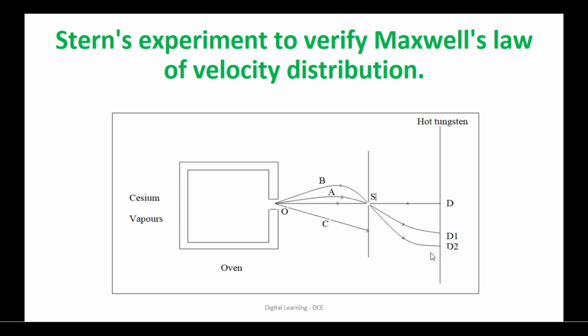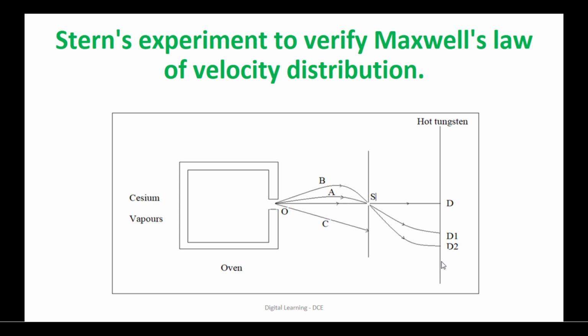Here, the magnitude of the current in the detecting cylinder represents the intensity of cesium atoms at various positions, which means the magnitude of the ionization current represents the number of cesium atoms which are incident at a particular position on the tungsten wire.